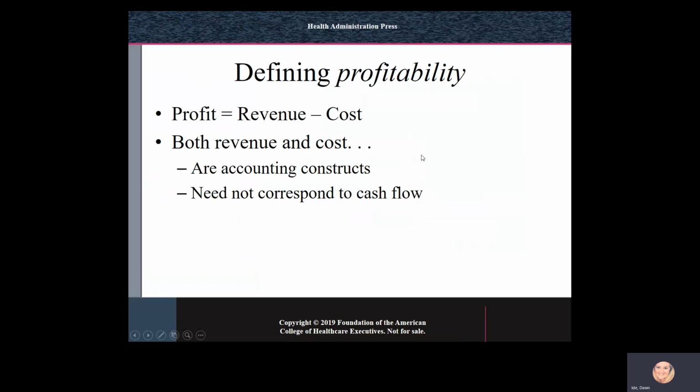So let's first define profitability. Profitability is revenue minus cost. That's your profit. For example, you're selling lemonade at a little kids' lemonade stand and you made $10 in revenue.